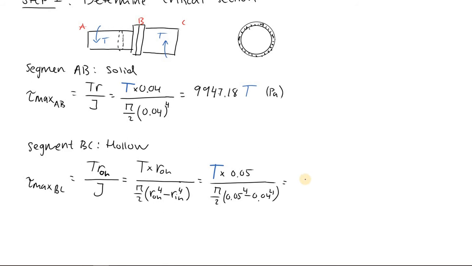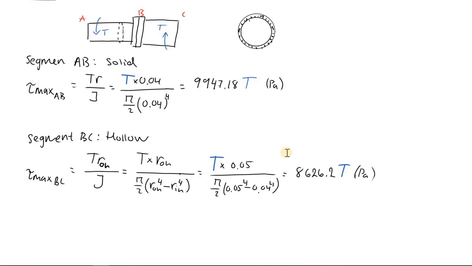We put that in our calculators, we'll get 8,626.2. And again, T is our unknown torque, and this is in Pascal. If you put this straight in your calculator, you'll end up with a very tiny number if we were to do it in terms of megapascals, so we'll keep that in pascals.